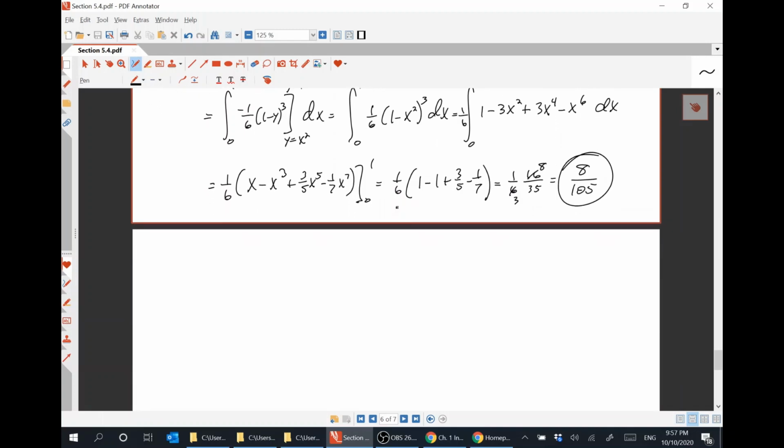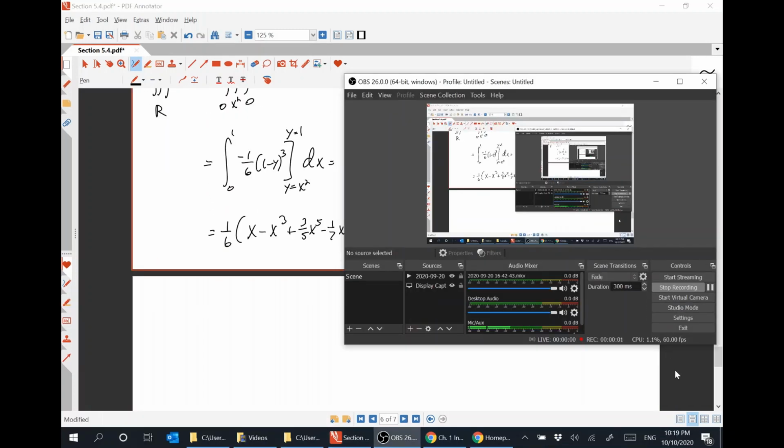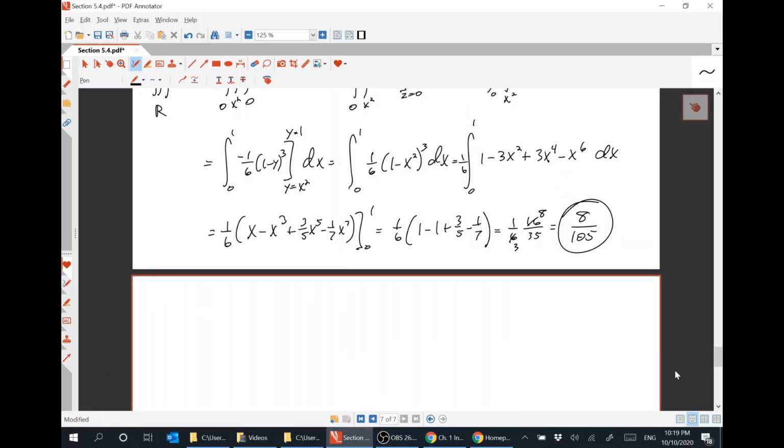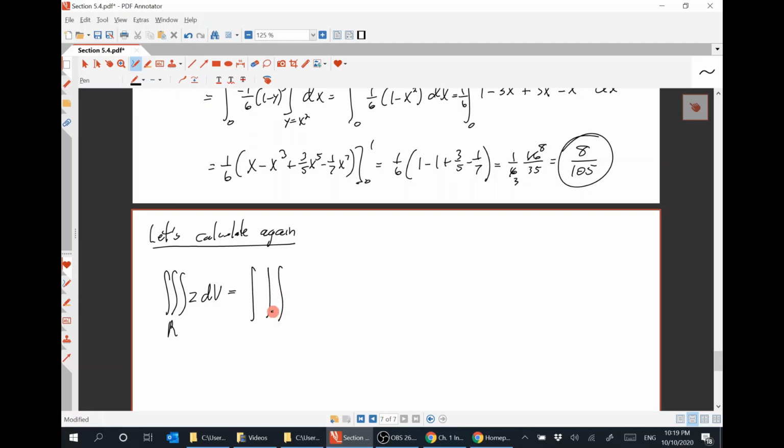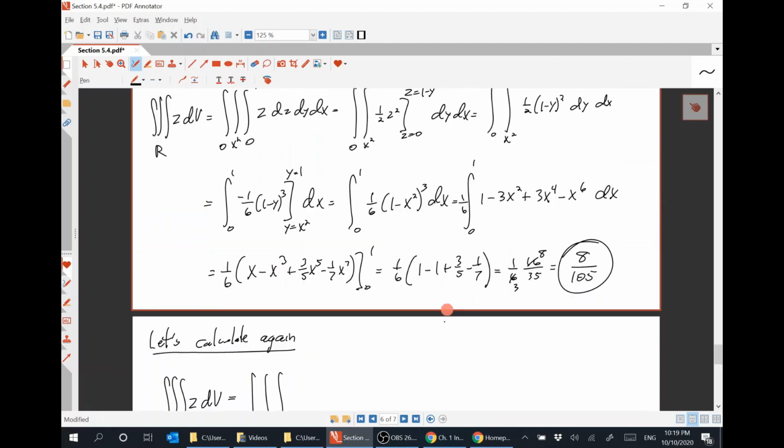So now we'll do the second one. Okay, so let's calculate again. The triple integral over r of z dv is the triple iterated integral.